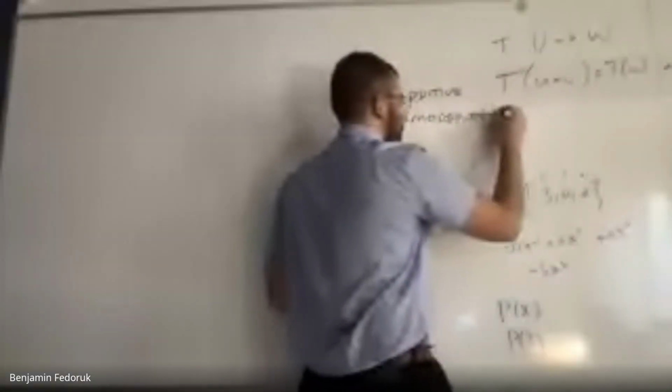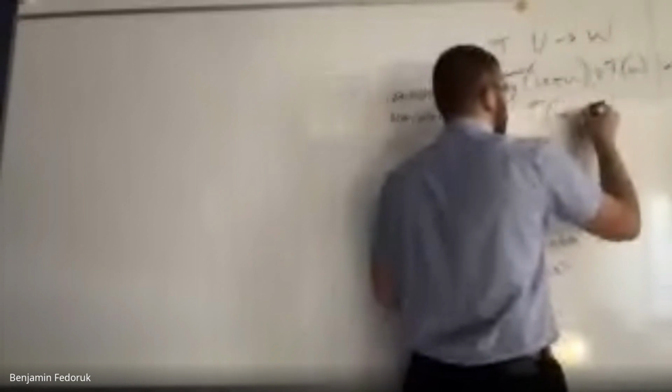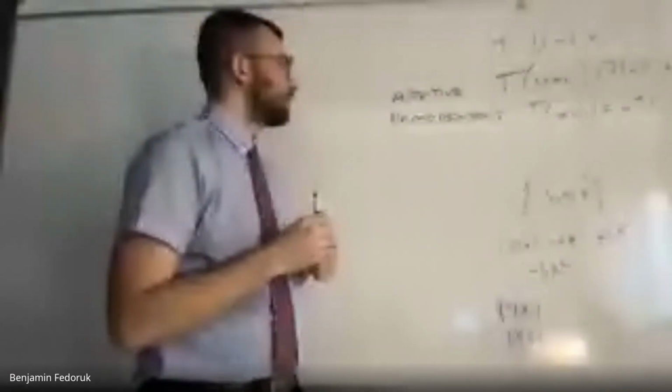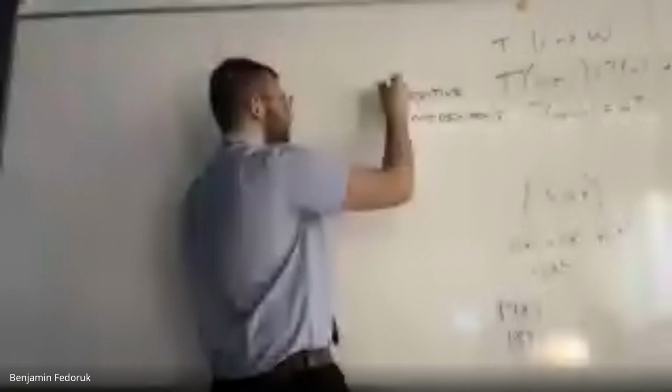And the second thing is homogeneous, which is that you can pull out a constant. Cool. So if anything is additive and homogeneous, and this is a general thing in math, we call it linear. And this is why we call it linear algebra.